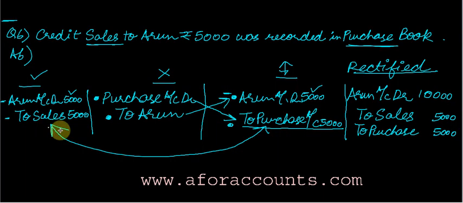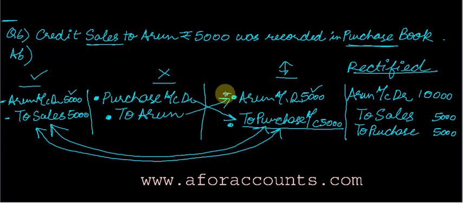Now I have to see the right with the reversed entry, and there is nothing to cancel, but I have Arun here as debit and here as debit, so I will debit it by the total. Arun account debit 10,000, to sales 5,000 and to purchases 5,000. This is my rectified entry.